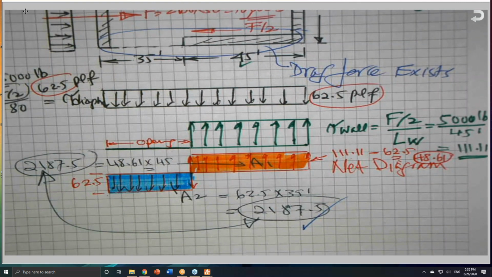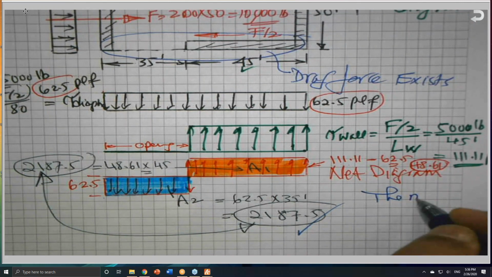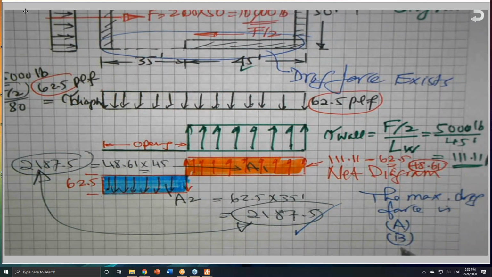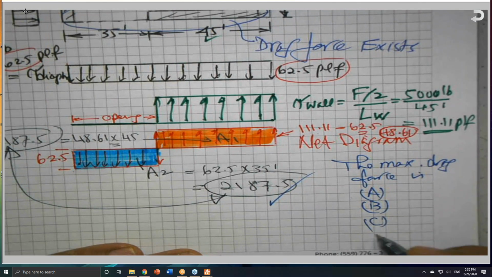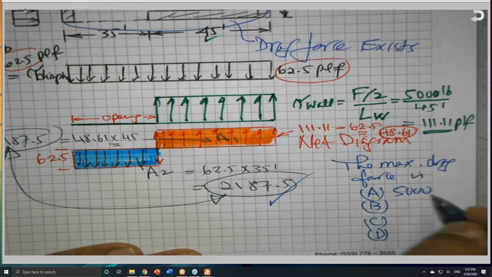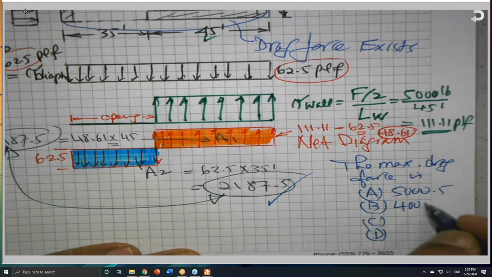2187.5. If they ask you what the maximum drag force is, and give you answers A, or most nearly B, C and D, maybe 5,000 pounds, or 4,000 pounds, or maybe 3,000 pounds, or maybe 2187.5.